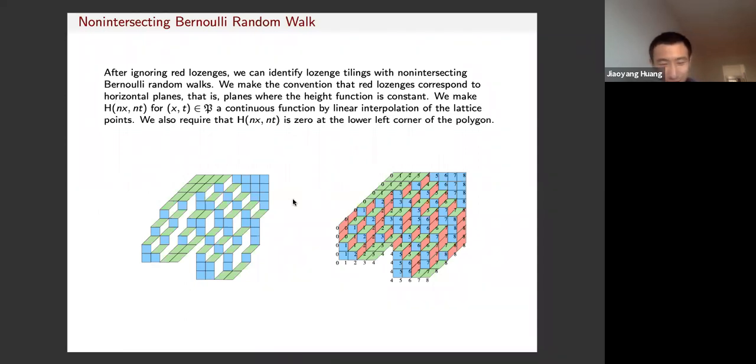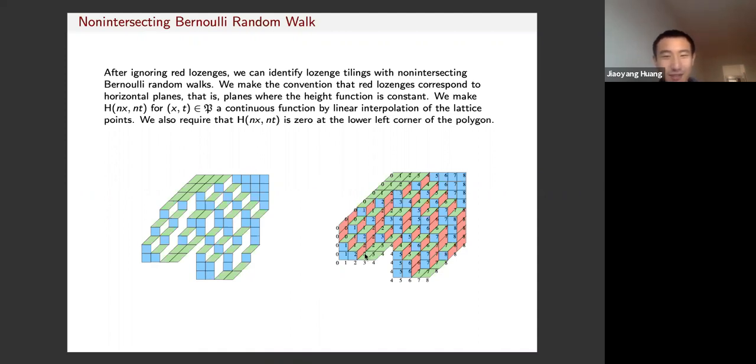That's why it's the non-intersecting Bernoulli walk. And as mentioned, for this Lozenge tiling, you can think of it as a surface. To make the surface compatible with the non-intersecting Bernoulli walk, I will take the left-hand side to the bottom, and the right-hand side at the top. Since those red Lozenges are flat, this is of height 0. Those are of height 1.